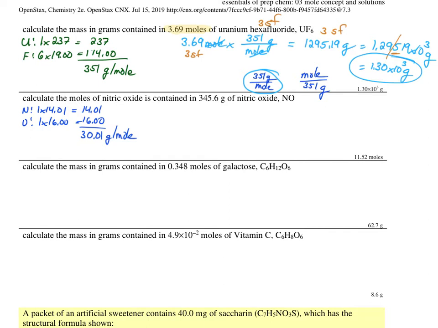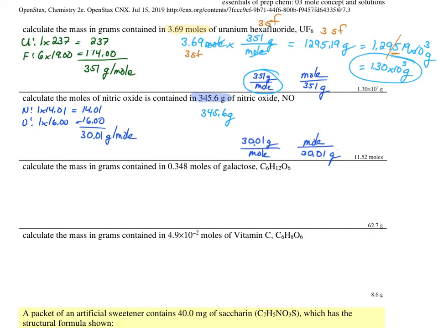You can go ahead and write 2 conversion factors. 30.01 grams is equivalent to a mole, and a mole is equivalent to 30.01 grams. We'll go back to the question statement to see the number and units that were given to determine the conversion factor we need.